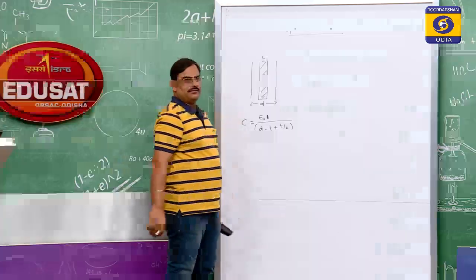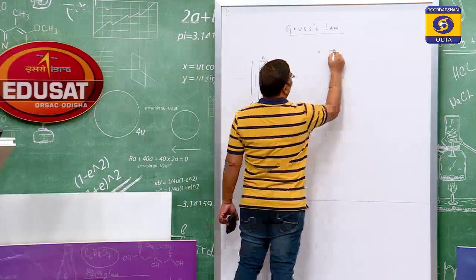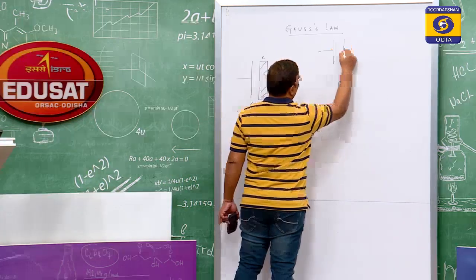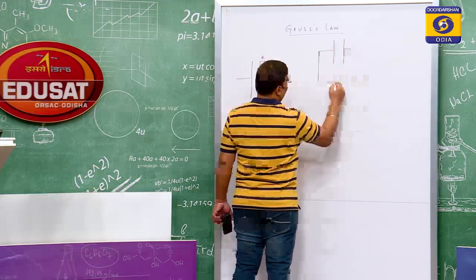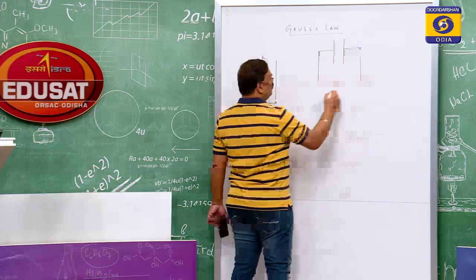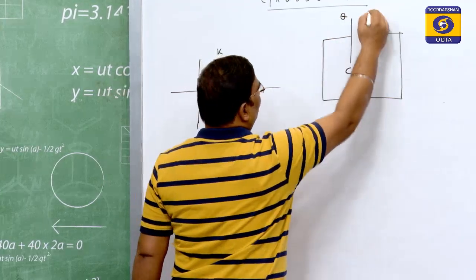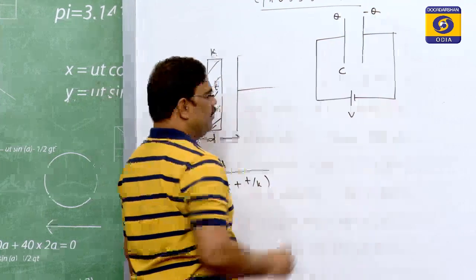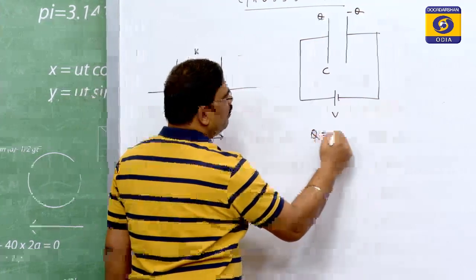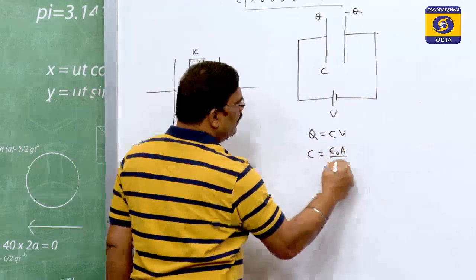Let us consider a situation where a capacitor is charged with a potential V, C is the capacity and Q is the charge on the capacitor, where Q equals CV and C equals epsilon 0 A by d.